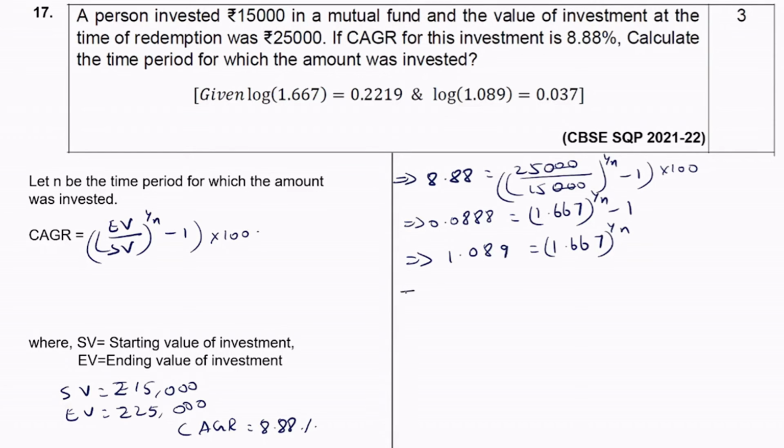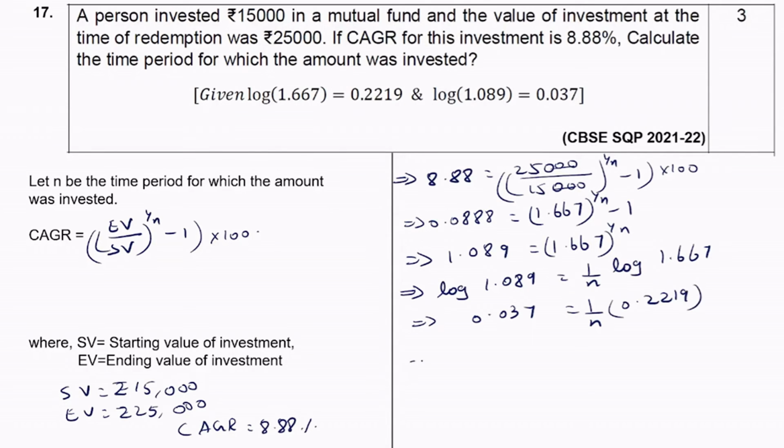If we take log on both sides, we will get log 1.089 equal to 1 by n log 1.667. So from this we have log 1.089 is 0.037 equal to 1 by n into log 1.667 is 0.2219.